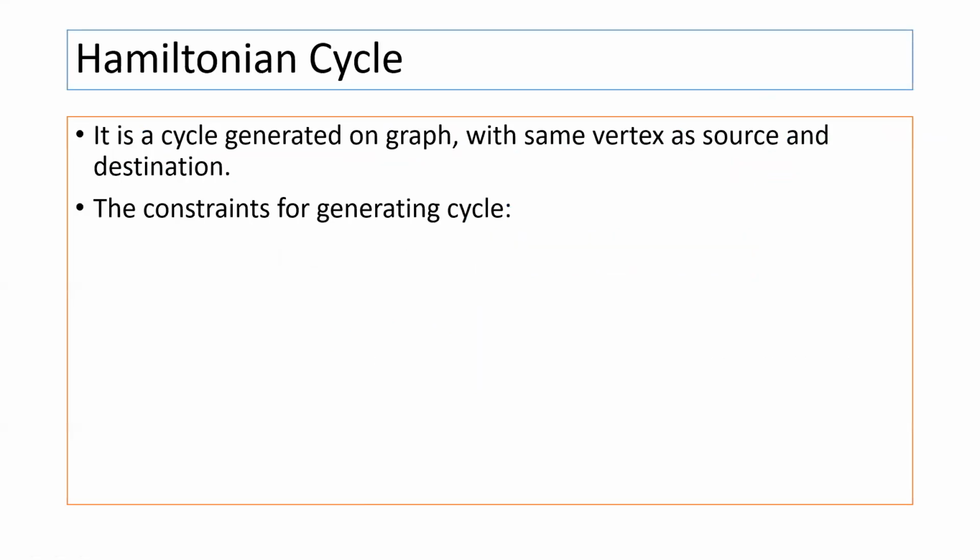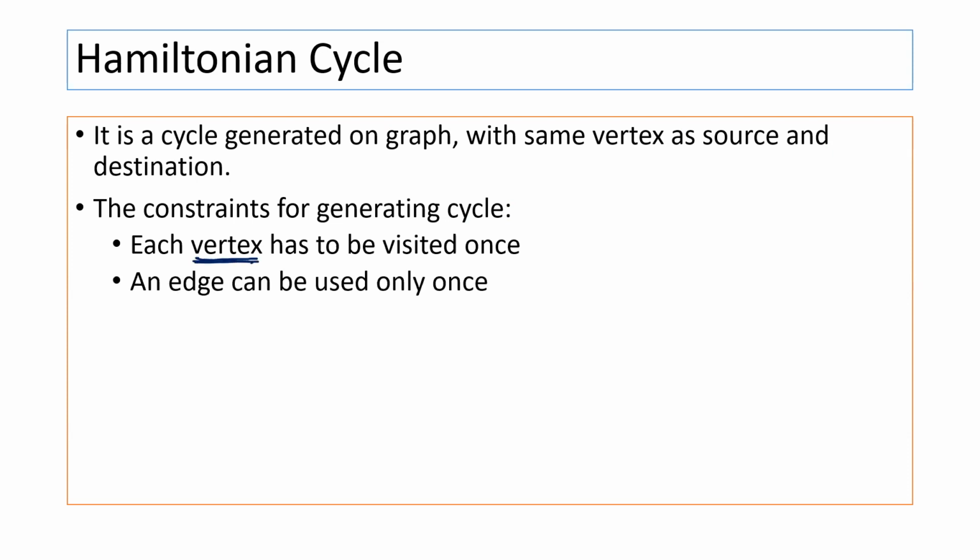It is a cycle generated on the graph with the same vertex as source and destination. And the very important constraint is that each vertex has to be visited once. And if you are using an edge, then it can also be used only once. But it is compulsory to visit each and every vertex of the graph.